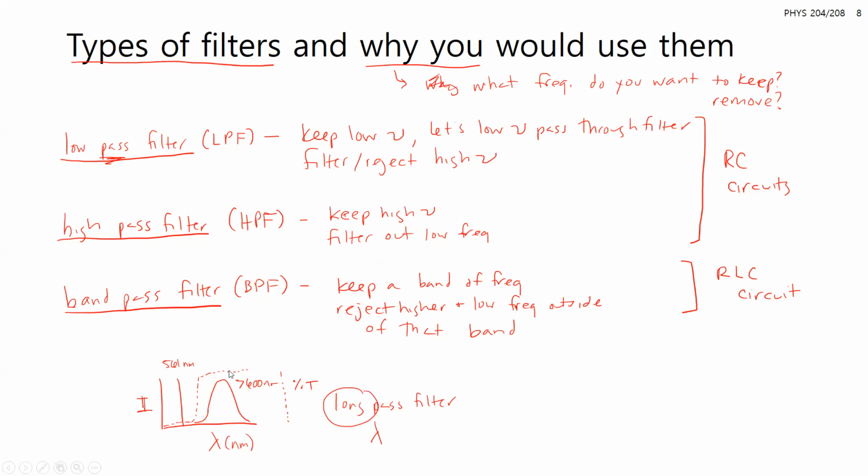So just be aware that different fields use different terminology than what we'll be talking about in electronics, but usually the names are still very clear on what they mean. We also use bandpass filters in optics, where it keeps a band of wavelengths, with that terminology as well. Any questions so far with the noise, with the different types of filters? Just that brief introduction.